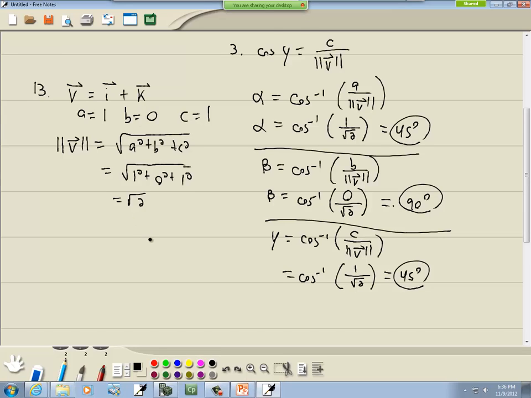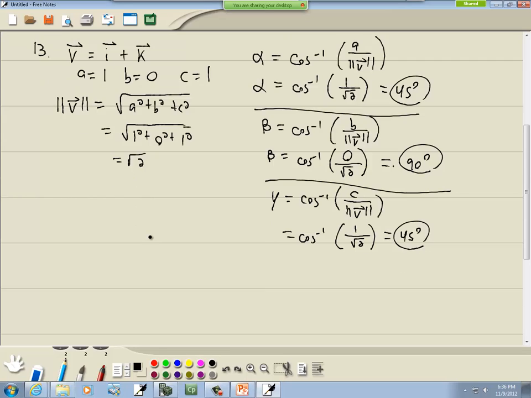Now those kind of make sense when you think about it. If you were to actually graph this, it's like, oh, okay, yeah, that makes sense. Here's our x-axis, our y-axis, and our z-axis. So we got 1, 0, 1. This is like your x, y, and z. So probably won't be able to draw it very well here.